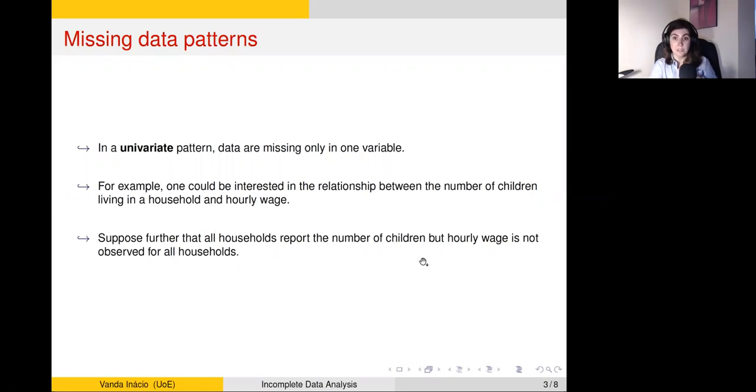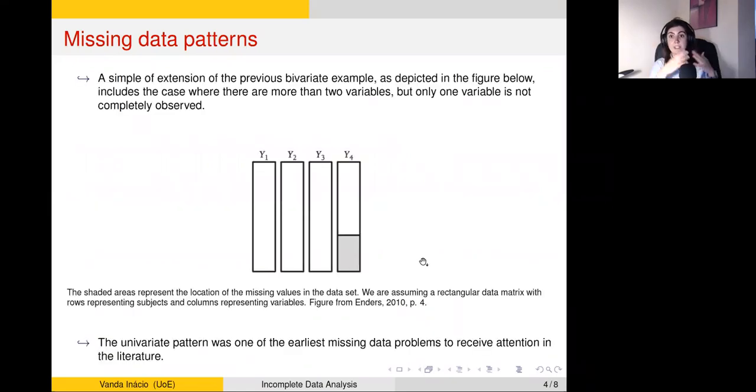And this can be trivially extended to the case where we have several variables, but only one variable has missing values. And this is depicted here in this figure. In this case, we have 4 variables and only the 4th variable has missing values.